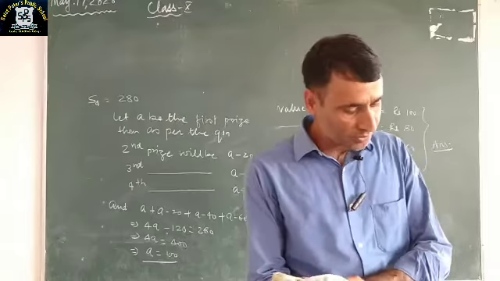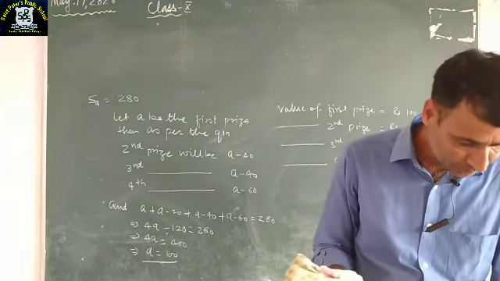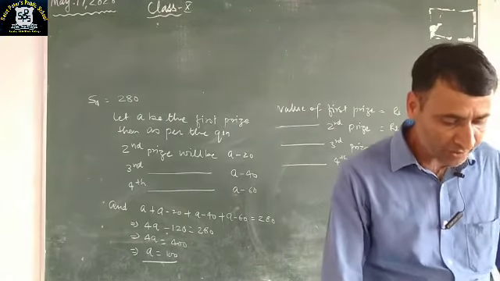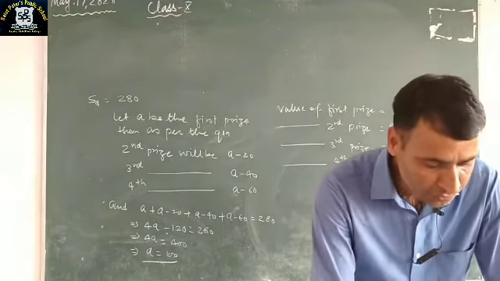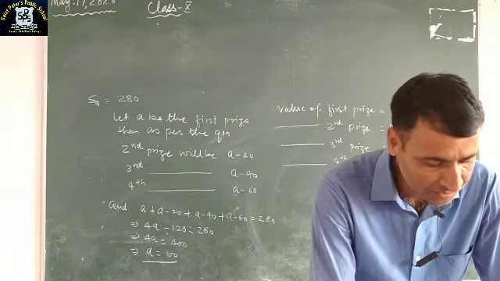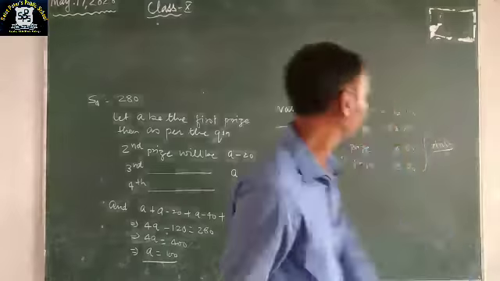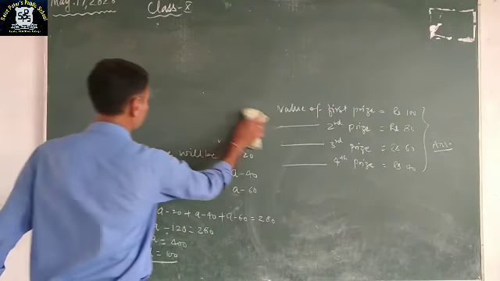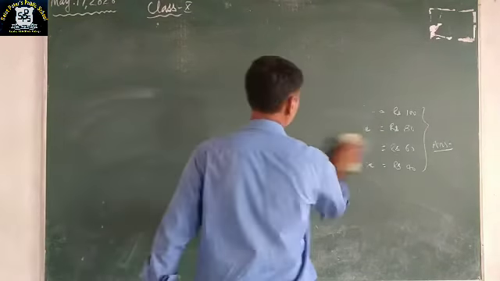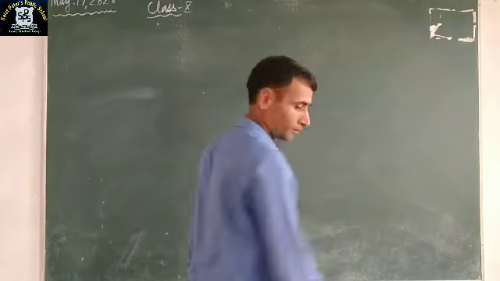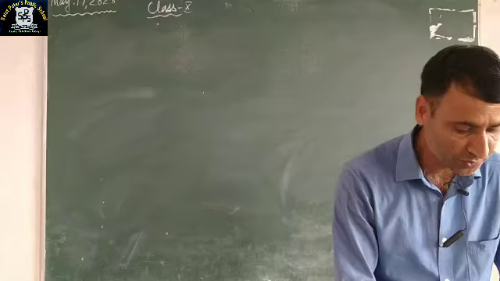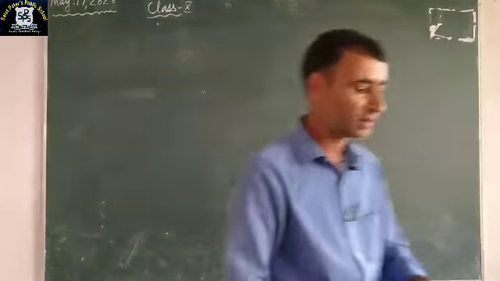Now come to the next question, and that's the 10th question. A manufacturer of TV sets produced 600 sets in the third year and 700 sets in the 7th year. The manufacturer of TV sets produced 600 sets in the third year.